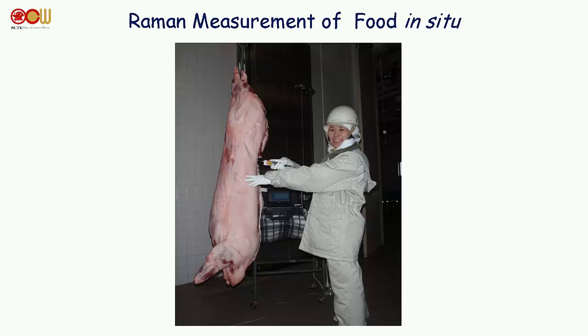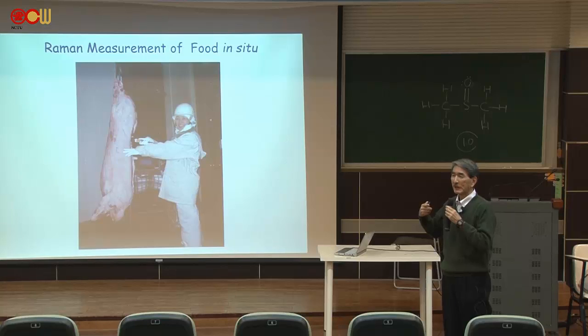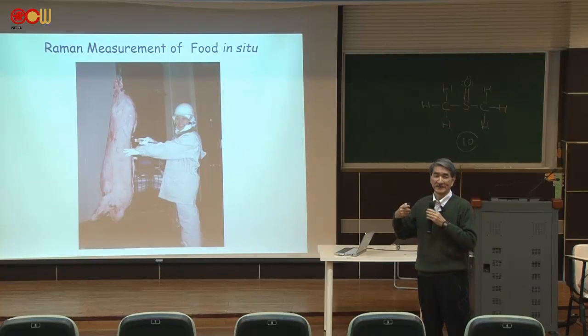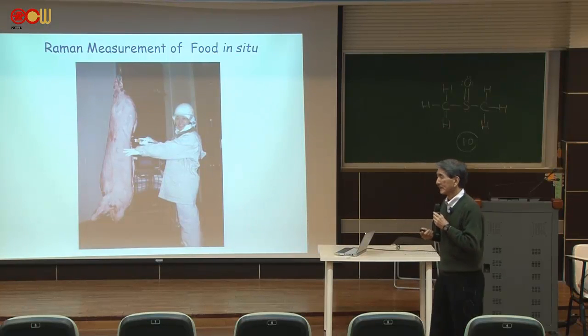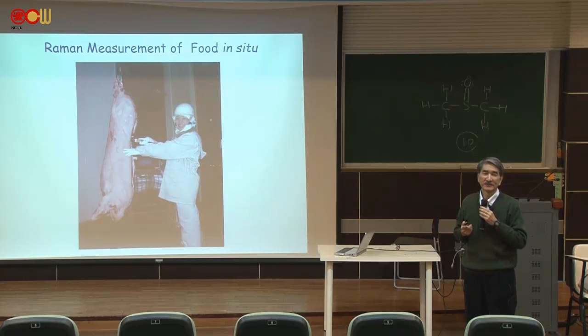And there are minced meat, which they sell by saying that it's beef, but sometimes porks are mixed. But if you do Raman spectroscopy, you can make the distinction between pork mince and beef mince quite nicely. So that kind of daily application Raman can do.